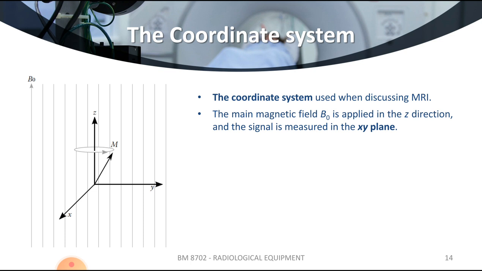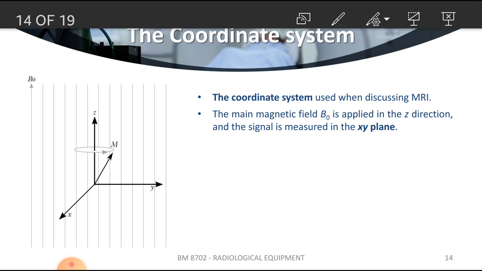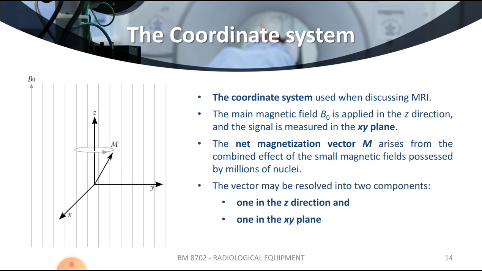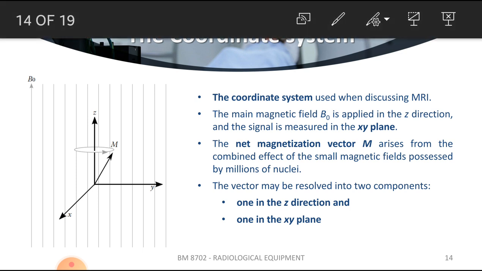This is very important. Net magnetization vector arises from the combined effect of small magnetic fields possessed by the nuclei. And resolving of the vectors, again we have discussed this in the previous lectures. We can resolve it in Z direction and also in the XY plane.